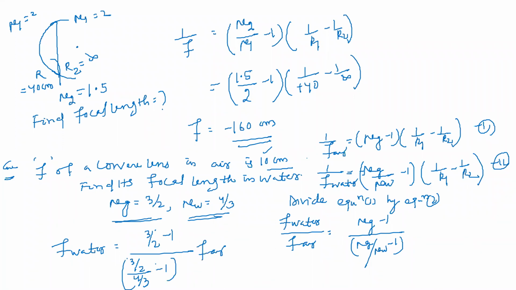By solving, students, what will you get? 4 by 3, 3 by 2, 3 by 2, yes or no? So I will get 4 times the focal length of air. And focal length of air was 10, so it will be 40 centimeter. Understood, students? Yes or no? For the particular lens, its focal length will vary, and in water it is going to be 40 centimeter.